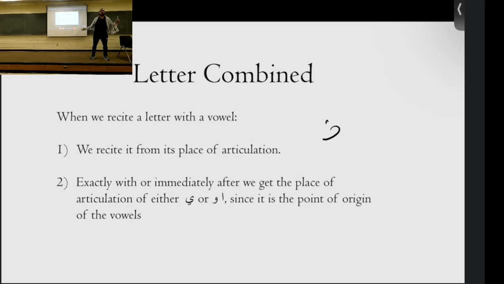I put my tongue in the dhal spot, and then dhu. I leave the makhraj and the dhamma comes out. Does that make sense? So I do the makhraj of the letter, and then I do the makhraj of the alif, waw, or ya. That's all I'm doing.